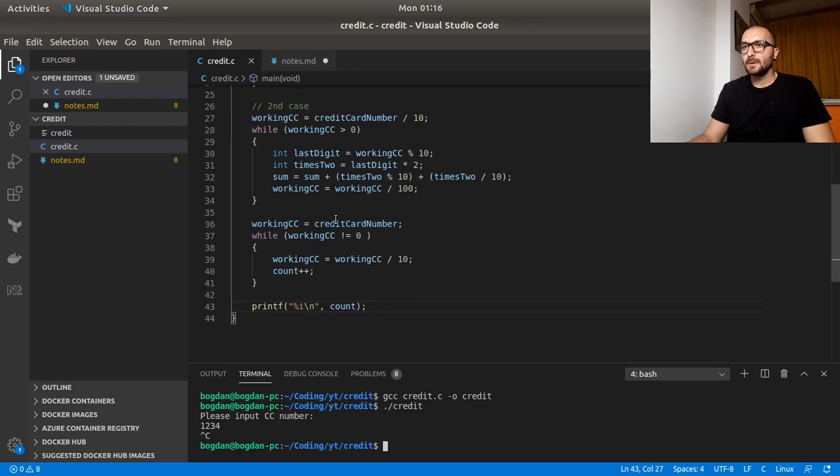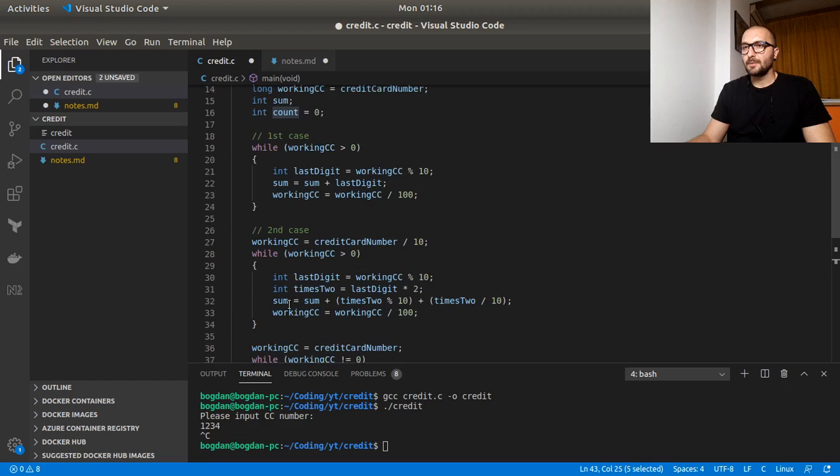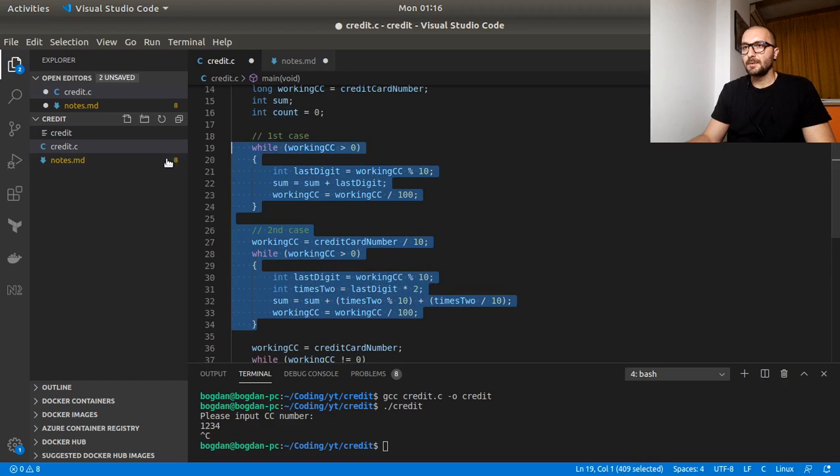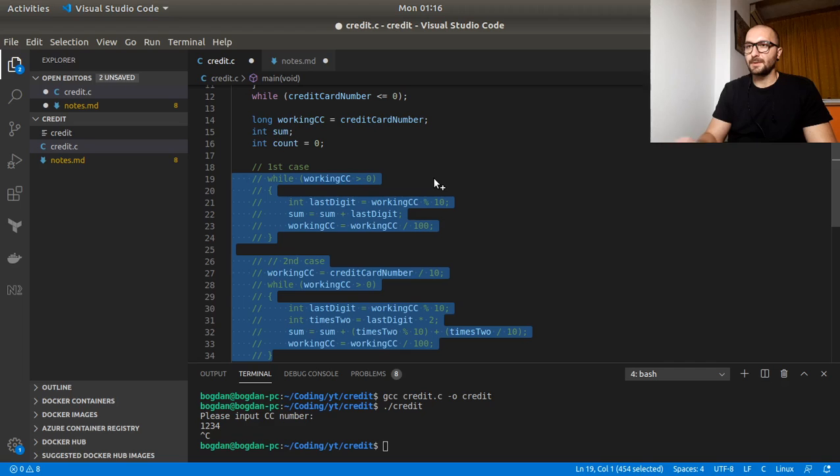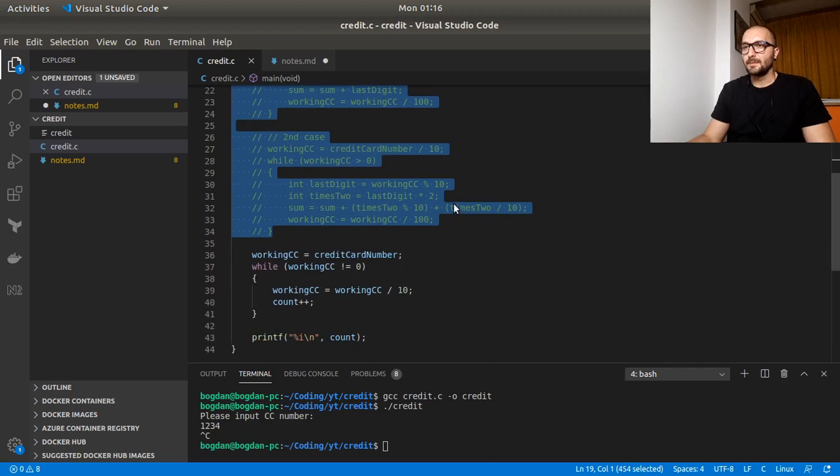So while working CC is different than 0, we divide this by 10, and then we increment count. Then we print count. Maybe I'm just gonna comment these out for a second. I'm not sure if that's the culprit.